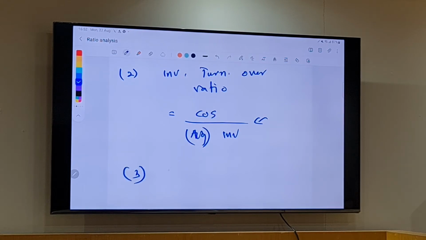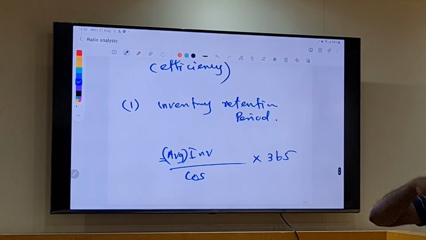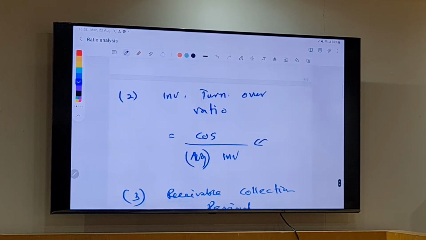Third one, receivable collection period. Sir, can you tell me an equation? Looking at this, any idea where you can bring an equation for receivable collection period?